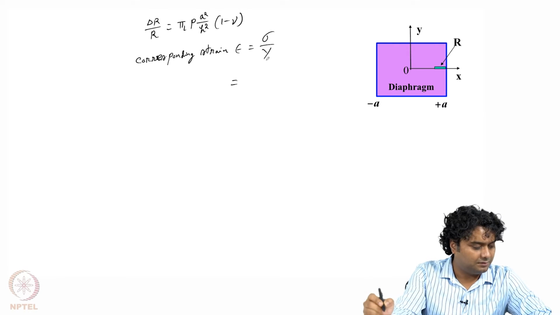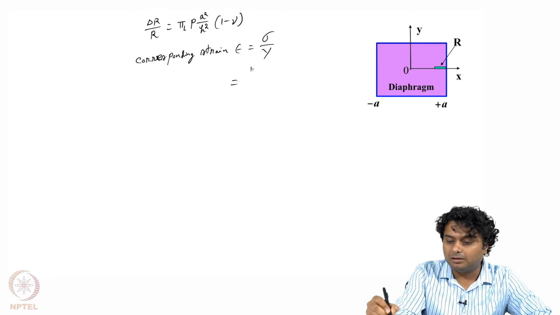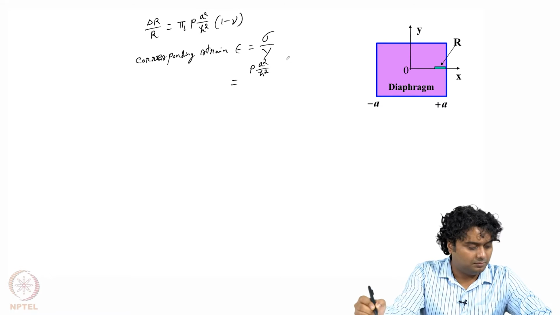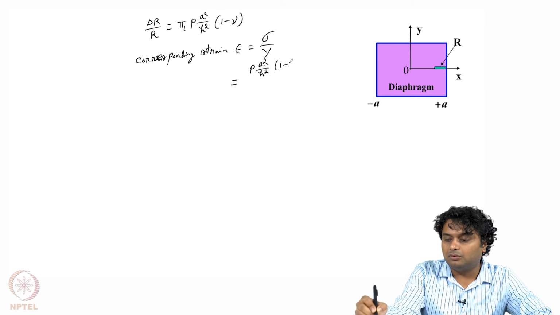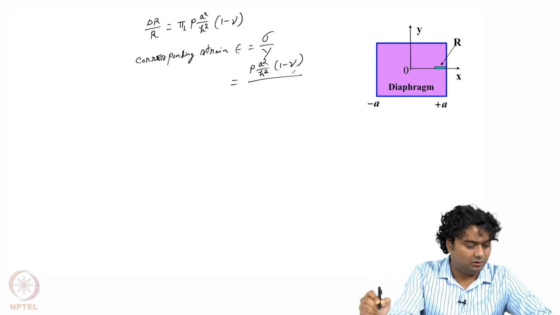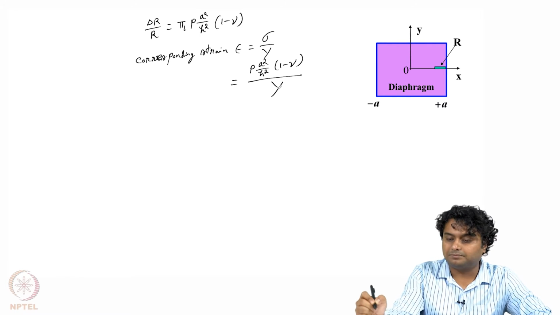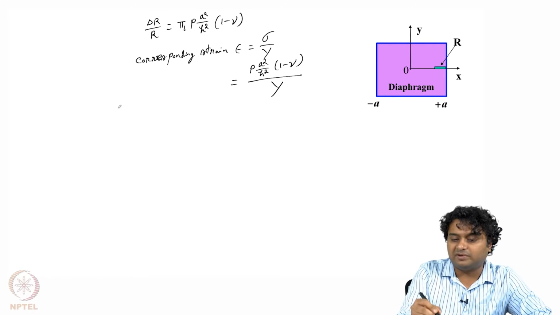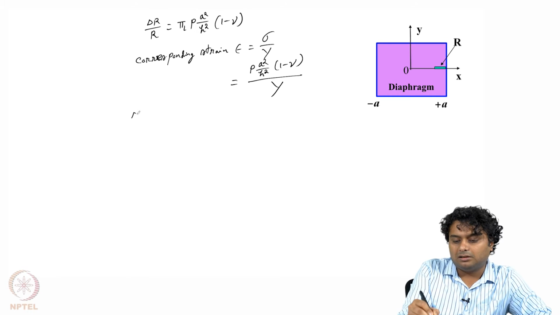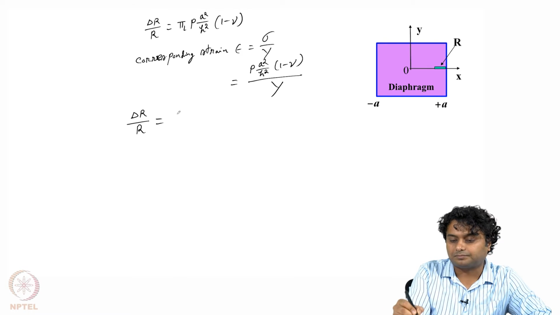So, this becomes P into A square by H square into 1 minus nu divided by Y. So, in terms of the gauge factor, delta R by R will become G into epsilon.